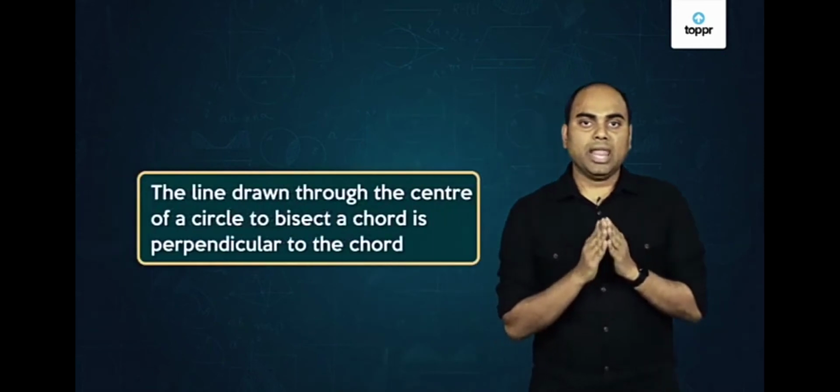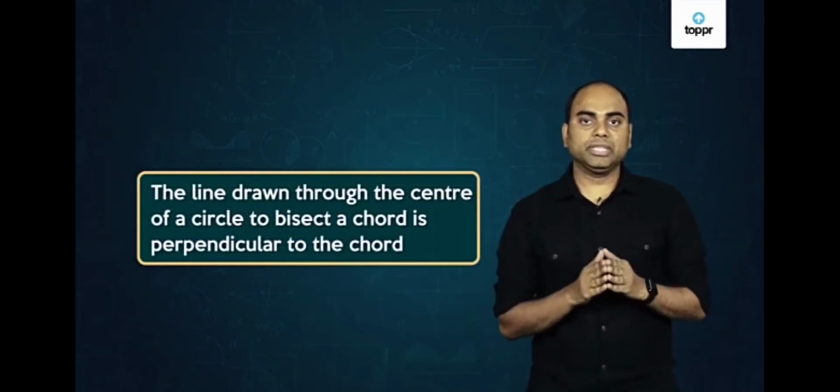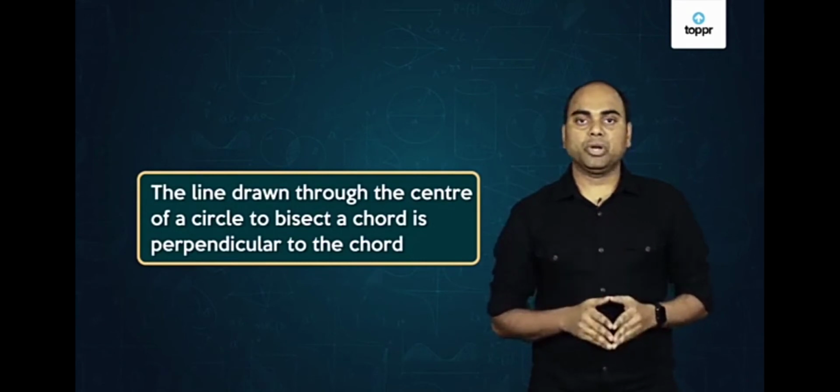We started with the fact that OD bisects the chord AB and proved that OD is perpendicular to AB. We can now state the following theorem. The line drawn through the center of a circle to bisect a chord is perpendicular to the chord.